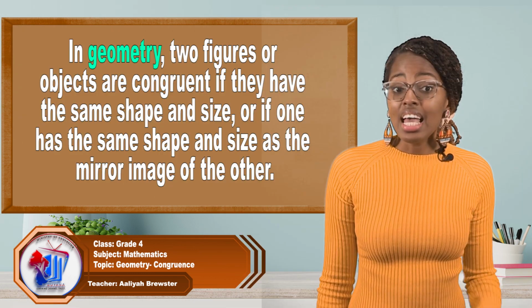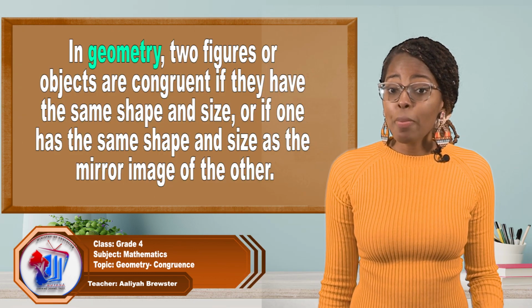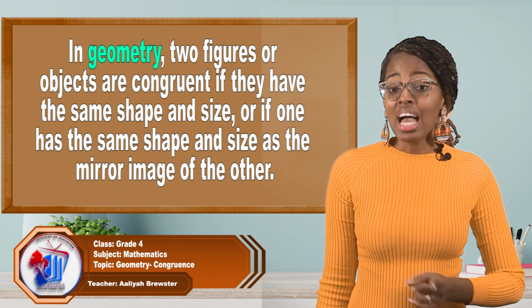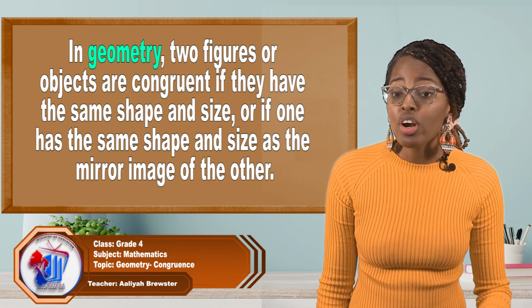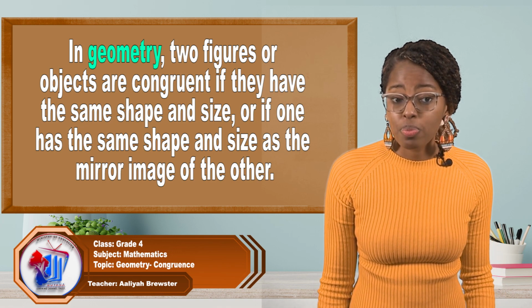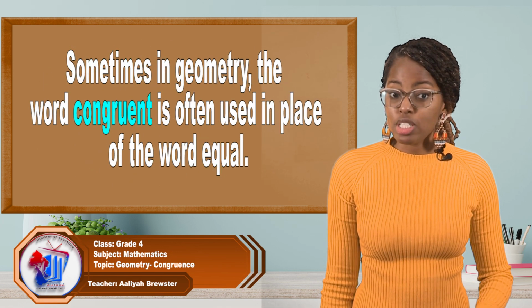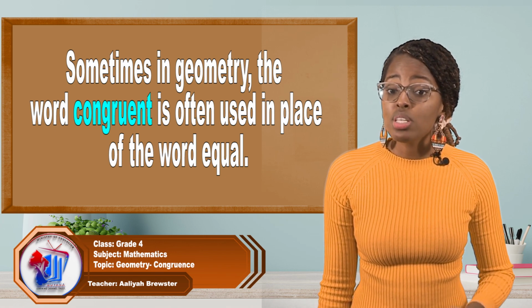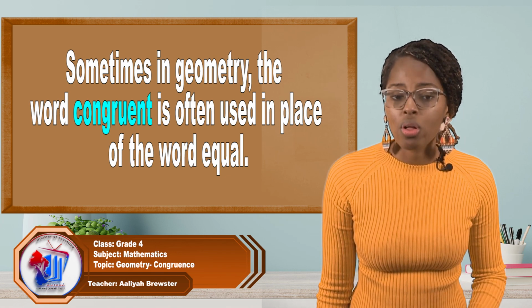In geometry, two figures or objects are congruent if they have the same shape and size, or if one has the same shape and size as the mirror image of the other. Sometimes in geometry, the word congruent is used in place of the word equal.